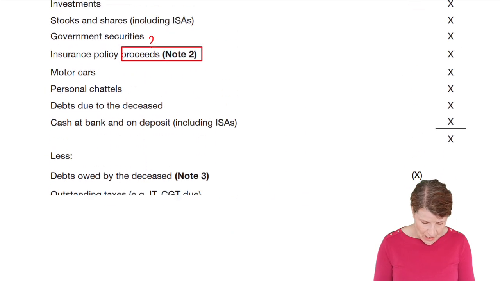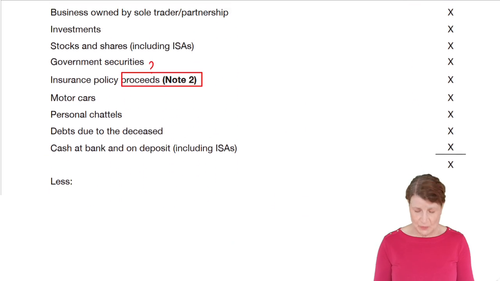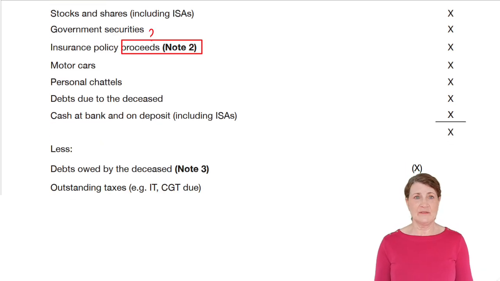We've got motor cars. Once again, just because something is exempt from one tax doesn't make it exempt from another. So motor cars, bikes, caravans, antiques and personal chattels, the £6,000 rule doesn't apply for inheritance tax, and so on. It all goes in your death estate computation.